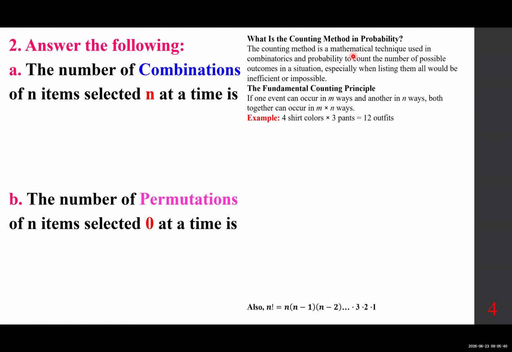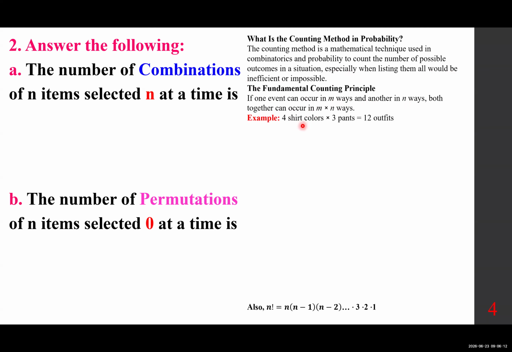The counting method is a mathematical technique used in combinatorics and probability to count the number of possible outcomes in a situation, especially when listing them all would be inefficient or impossible. The fundamental counting principle: if one event can occur in m ways and another one in n ways, both together can occur in m times n ways.